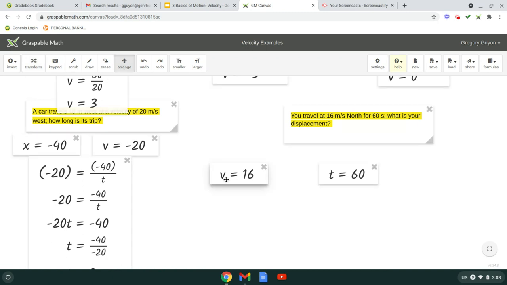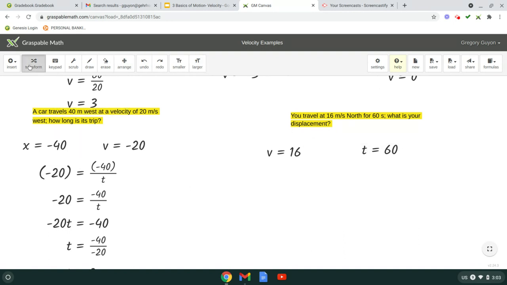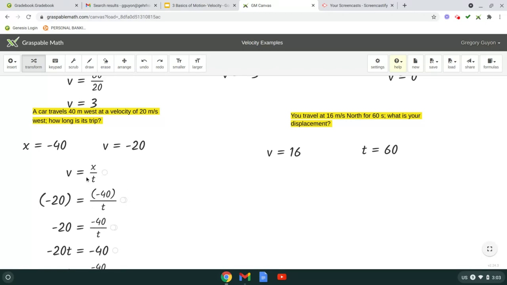I'm going to arrange them again just so it looks pretty. Okay, and then hit transform again. And we're going to be using the same formula. Now the formula is missing here, so I could just drag that down a little bit, and there's my formula. And I can drag that over to put my formula in. So that way it's there for us.